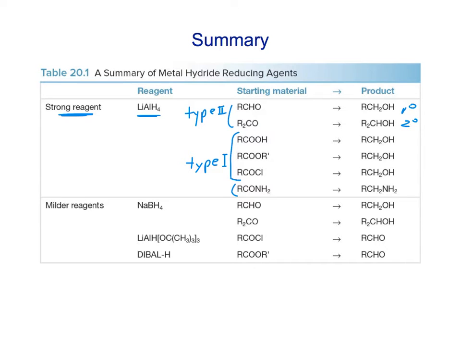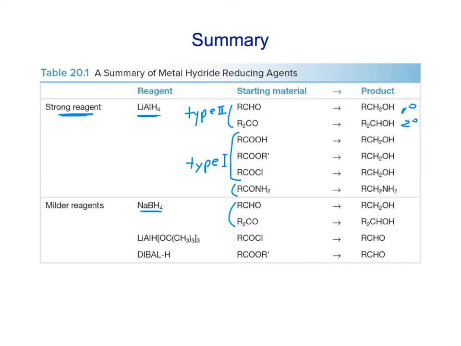The difference here is mostly whether there's a leaving group or not. If there's a leaving group, then it usually gets displaced to form an aldehyde, which is further reduced to the primary alcohol. If we use the weak reducing agent, sodium borohydride, it can only reduce aldehydes and ketones.